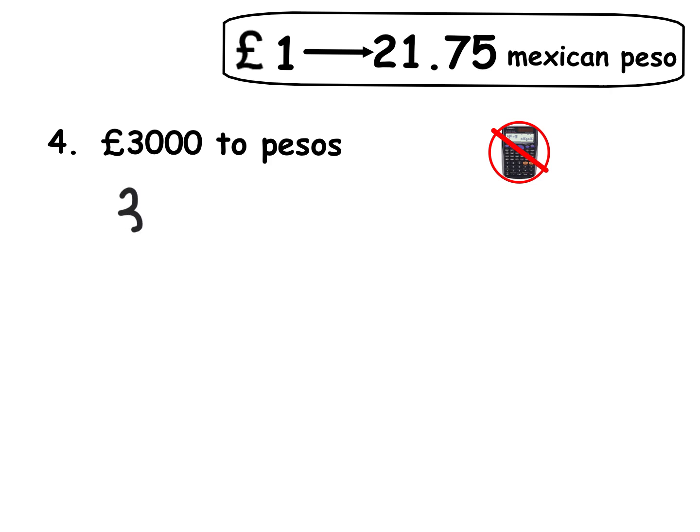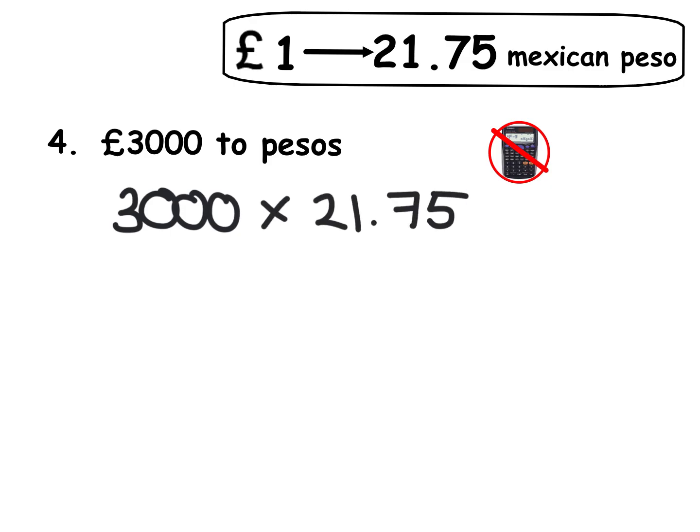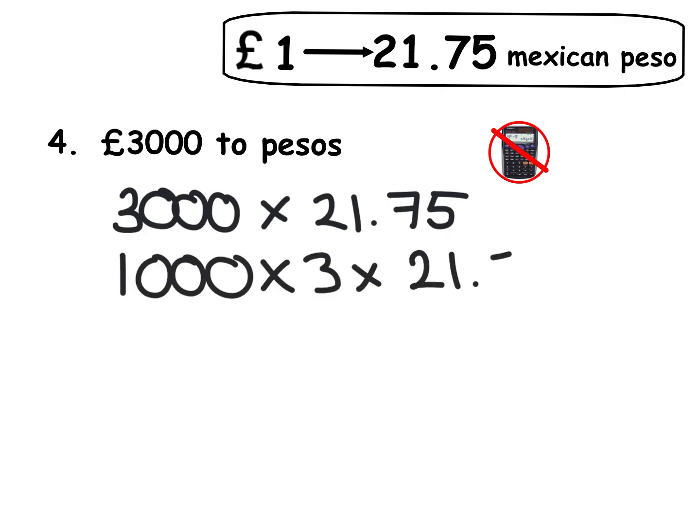So I have to do 3,000 times 21.75. So this is just like doing 1,000 times 3 times 21.75. So I'm going to times by the 1,000 first. I'm going to move that dot 1, 2, 3 places, which means a 0 goes in here.